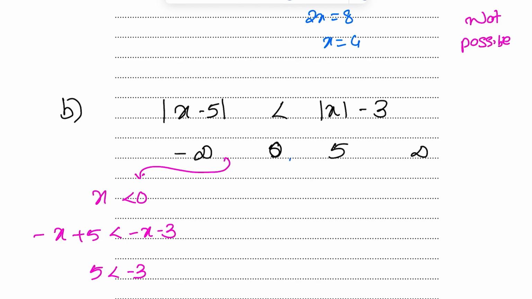Now case 2, x lies between 0 to 5. In that case, left hand side becomes negative: negative x plus 5 is less than, right hand side becomes positive, x minus 3. So what am I going to get from there? 2x is greater than 8, x is greater than 4.